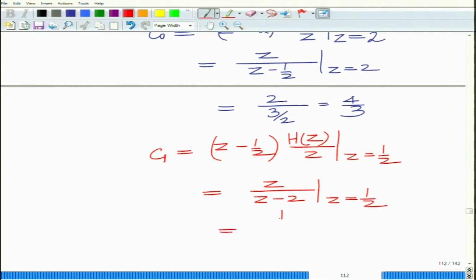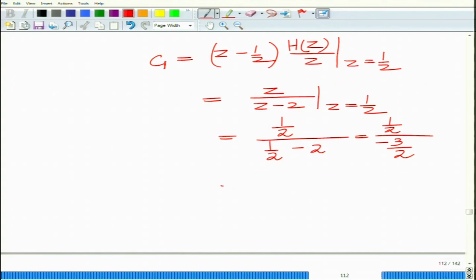So, that is basically half divided by half minus 2, equals half divided by minus 3 over 2. So, C1 equals minus 1 by 3.